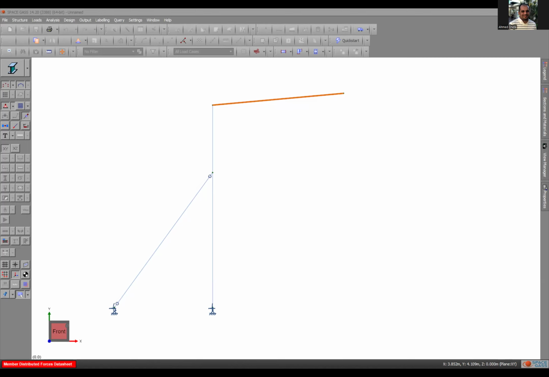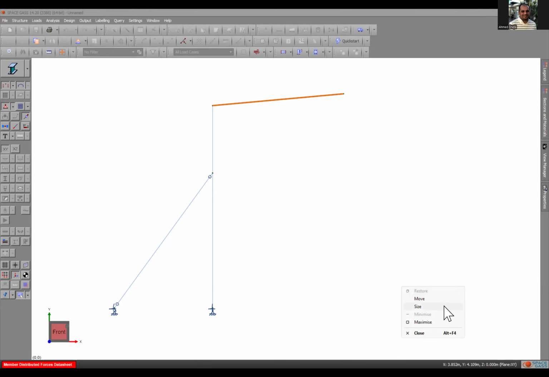And you can enter the force. The problem is it doesn't open in this screen. Don't know why. Okay, anyway, you can add the loads and then just stop sharing.